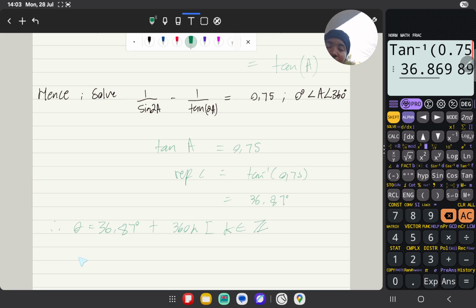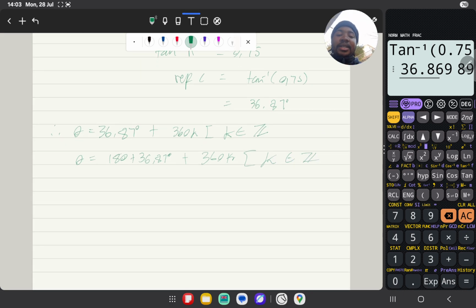And then in the third quadrant, remember you have 180 degrees plus theta, which is 180 plus 36.87, then plus 360k, and k is an element of integers.